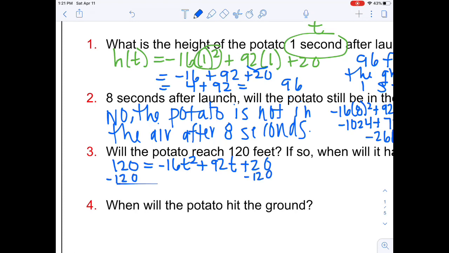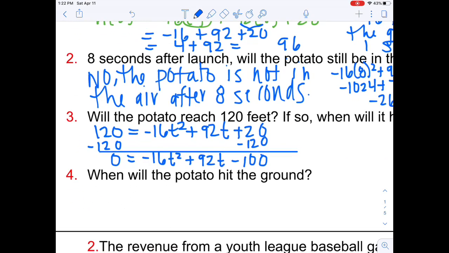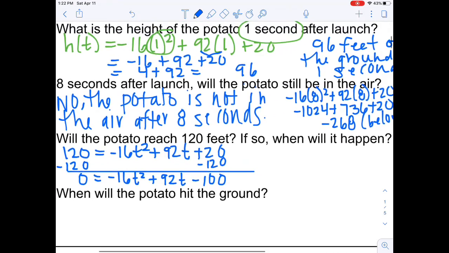I'm going to subtract 120 on both sides because I want to set this to 0, and then I can solve for t. I get negative 16t squared plus 92t minus 100. Now the quickest way is to divide each of those by 4.